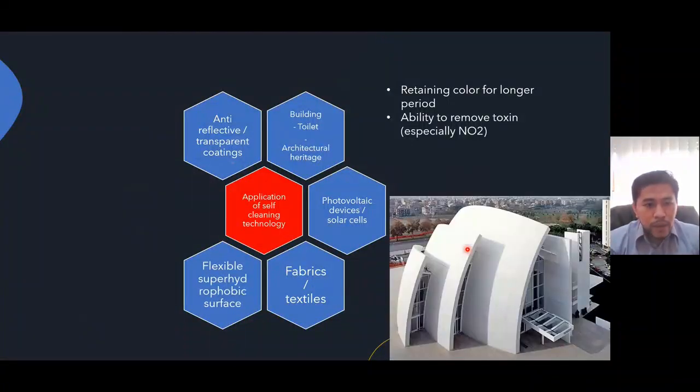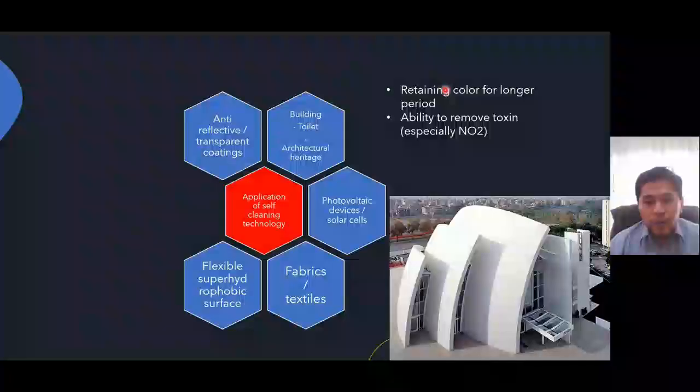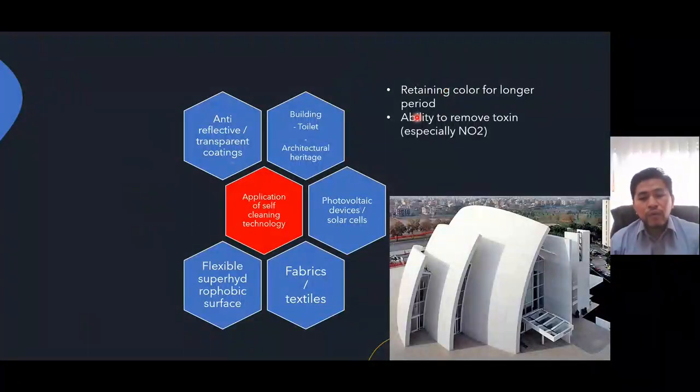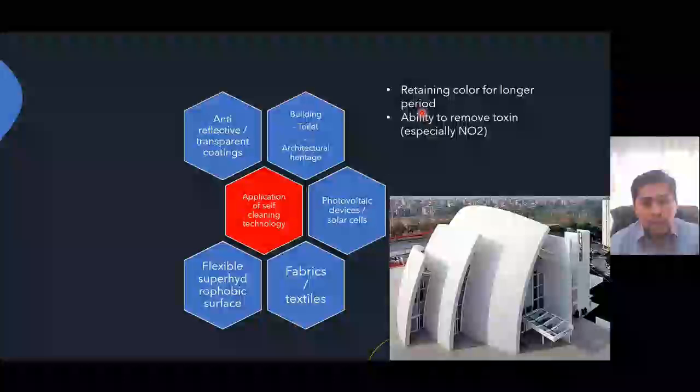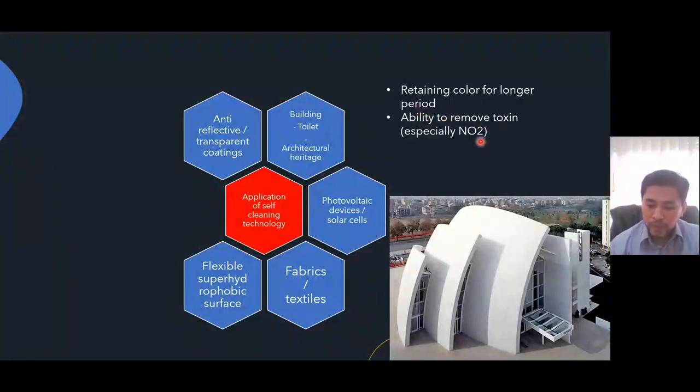And also we can apply self-cleaning technology in self-cleaning concrete. If you don't know, self-cleaning concrete is an innovative construction material that has been developed to provide self-cleaning ability to concrete surfaces by retaining the color for a longer period, along with a property to be able to remove airborne toxins, particularly nitrogen oxide or NO2.